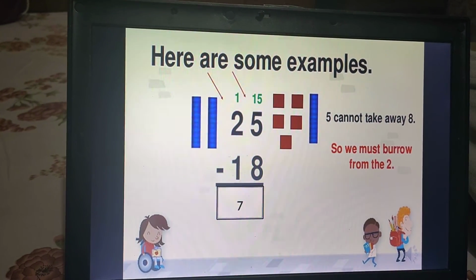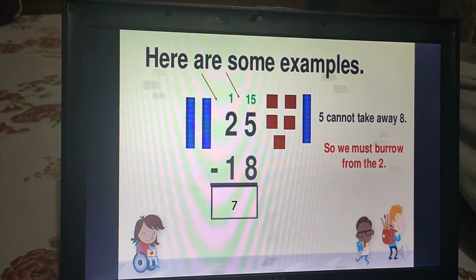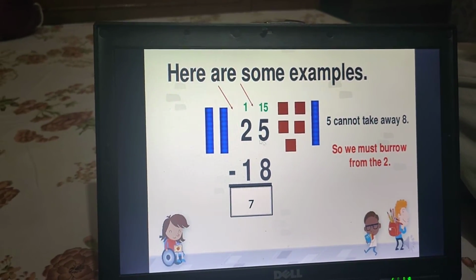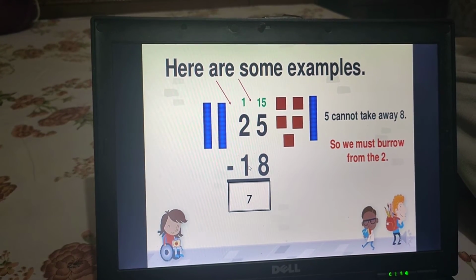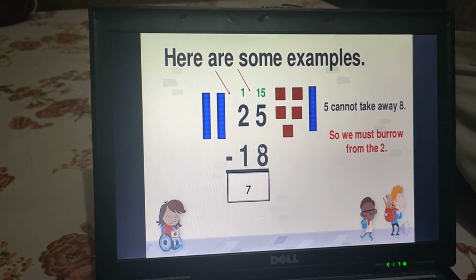Now let's understand subtraction with borrowing with these few examples. So here the numbers are 25 minus 18.